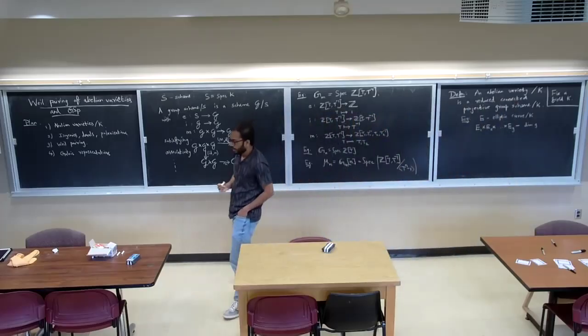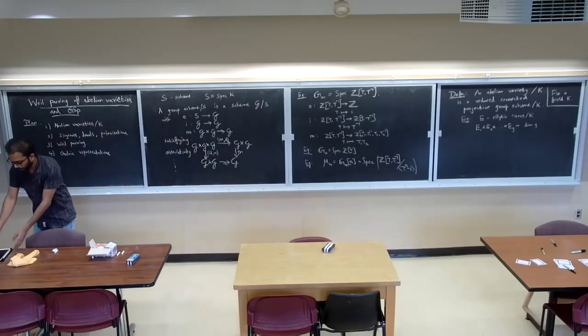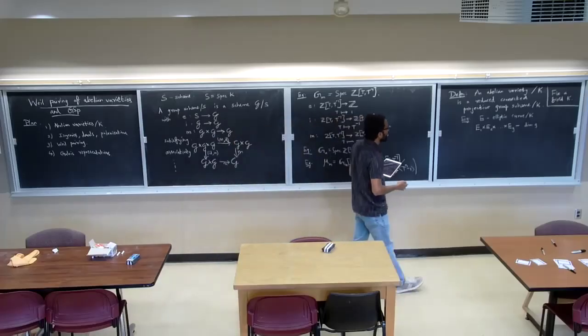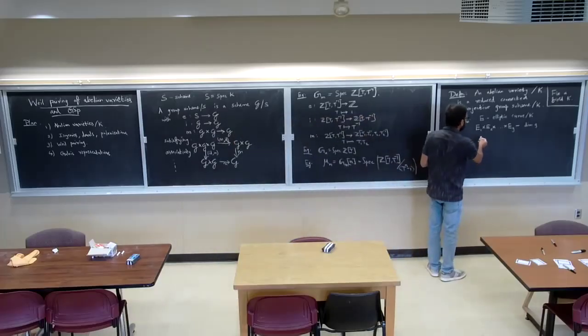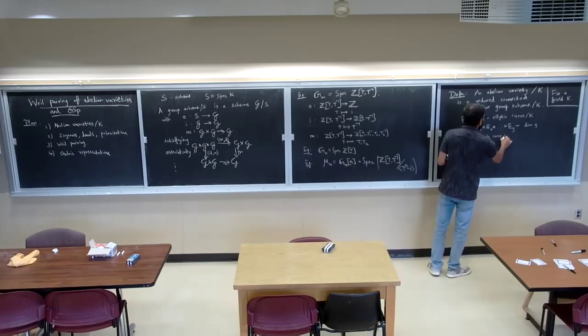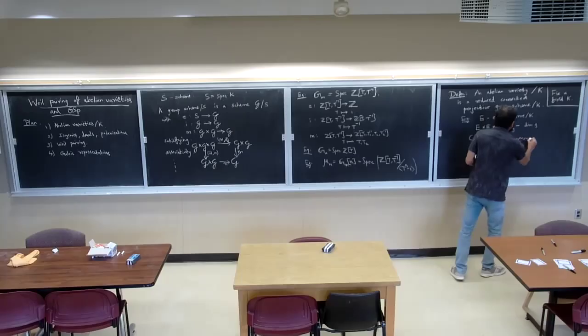But there are more abelian varieties of dimension g than just products of elliptic curves. One natural way to get abelian varieties is through curves. I'll talk about this in more detail later, but let me mention it here. Say I have an algebraic curve over K of genus g.